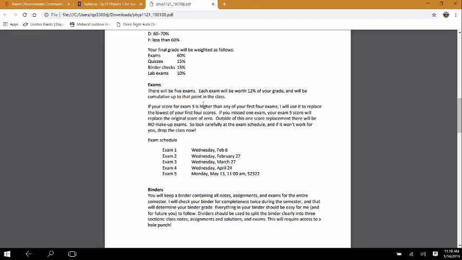If your exam 5 is higher than any of your first 4 exam scores, percentages, then exam 5 counts as your 5th exam score, and it also replaces the lowest of those first 4.